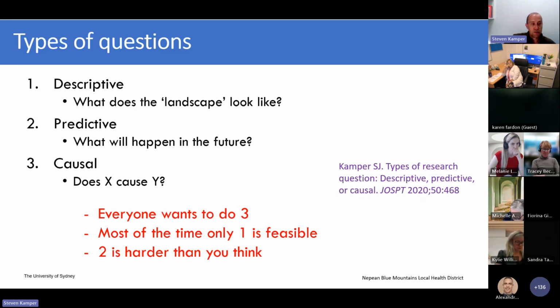When I say harder, I mean it's more complicated to design a study which will give you good quality information for a predictive or a causal question than it is for a descriptive question. But in any case, what you should be able to do, when you look at a question, is put it into one of those three categories.